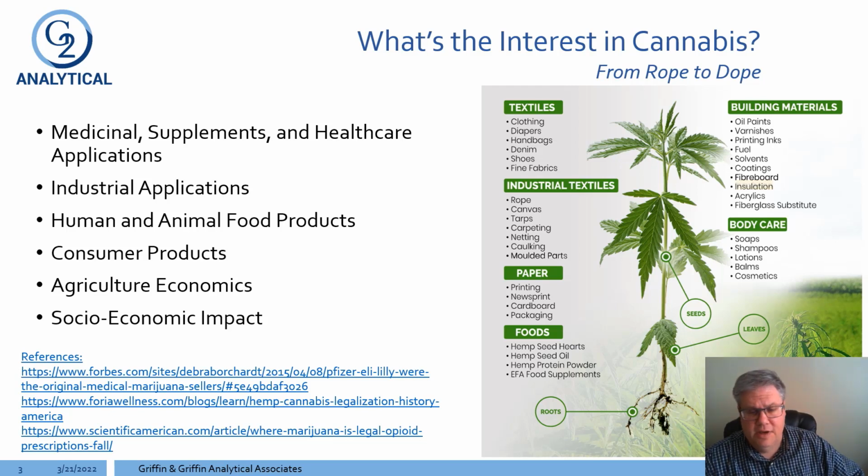There are also applications in food sciences for food products for both human and animals. Consumer products are a big area of interest these days. There's everything from soaps and shampoos and lotions. And of course, you can't deny that there is this kind of agricultural and socioeconomic impact that this particular plant could have on our farmers.